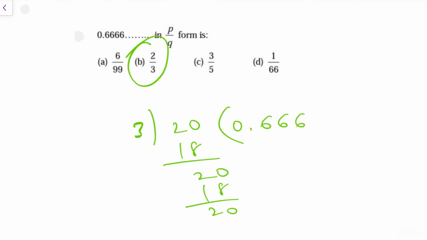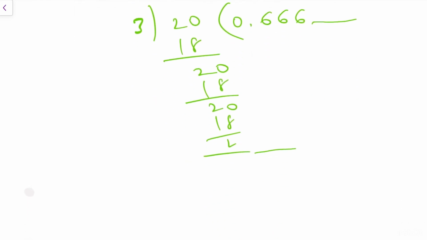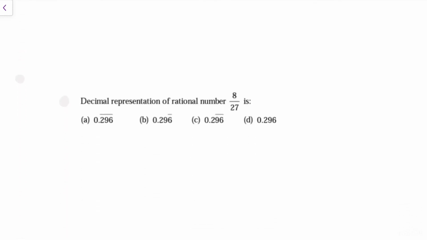It continues like that only. So 0.66666 and so on. It means the answer is 2 divided by 3, because if 3 is in the denominator, it won't ever end.